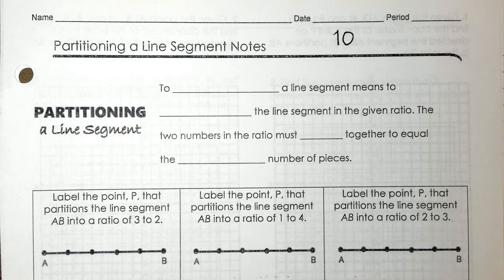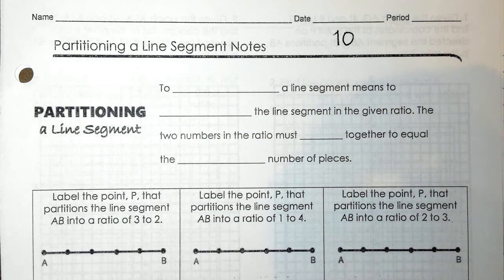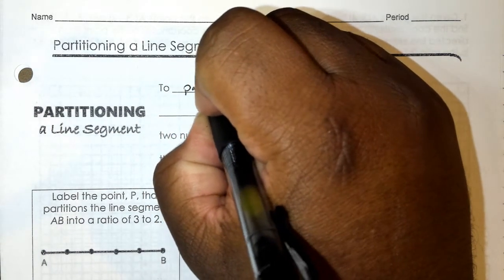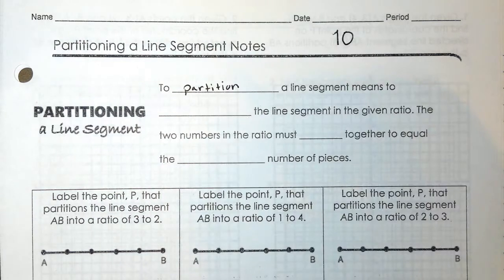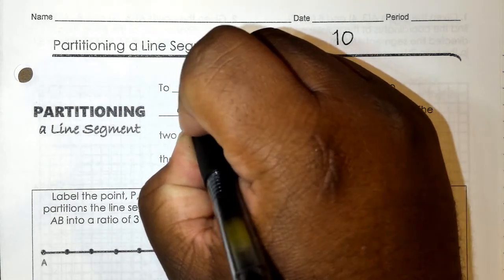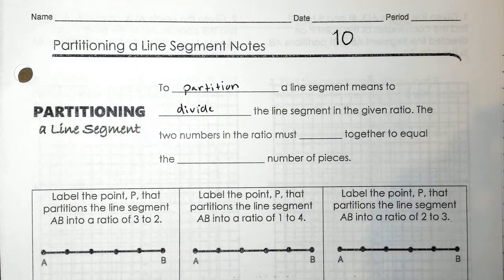All right. There's a lot of stuff we're going to go through, so I'm going to try to do it as fast as possible so I don't lose you guys. So here we go. At the top, just some vocab. Partitioning a line segment. To partition a line segment means to divide the line segment into a given ratio.